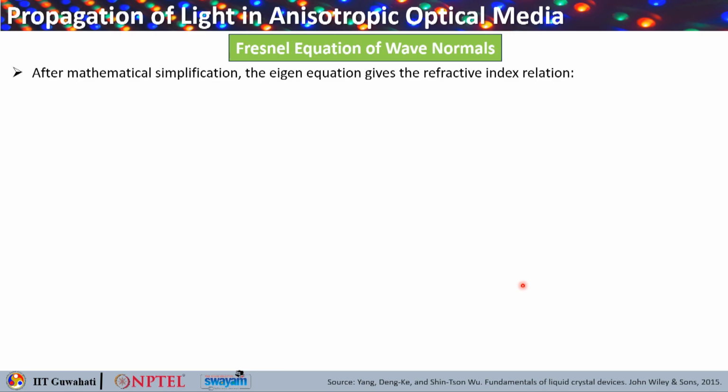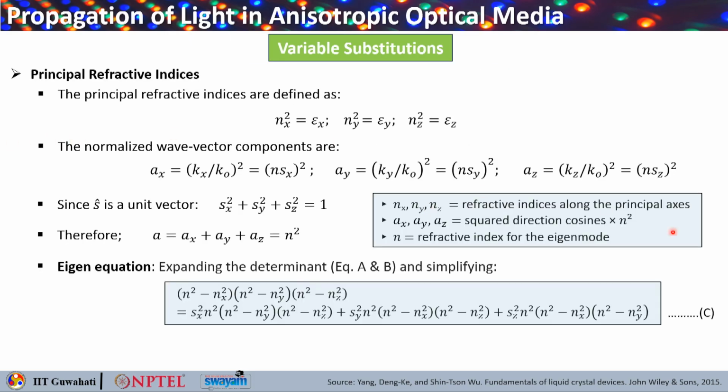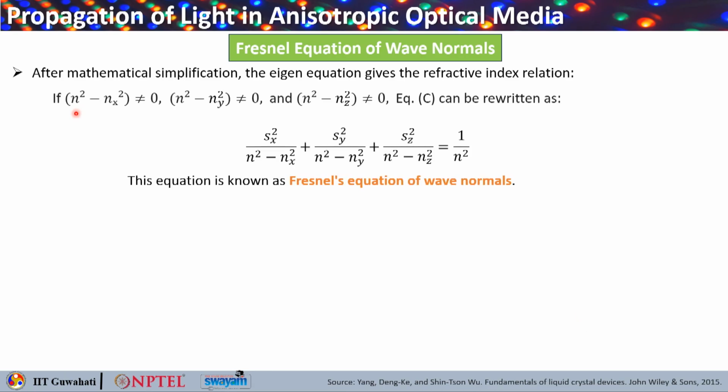So, now let us look into the Fresnel equation of the wave normals. Once you simplify that large equation, you can actually get the refractive index relations from the eigen equation that you have seen. So, in the previous equation, you can consider the case when n square minus nx square is non-zero, n square minus ny square is non-zero, and n square minus nz square is also non-zero.